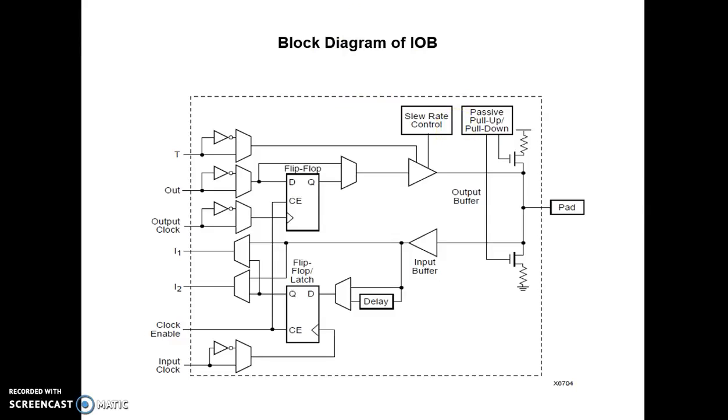Out, T, output clock, input clock, these are the inputs of the IOB, whereas I1, I2, clock enable are the outputs of the input-output block of the FPGA. Other blocks that you can see are flip-flops, multiplexers, slew rate control, input buffer, output buffer, and passive pull-up network.